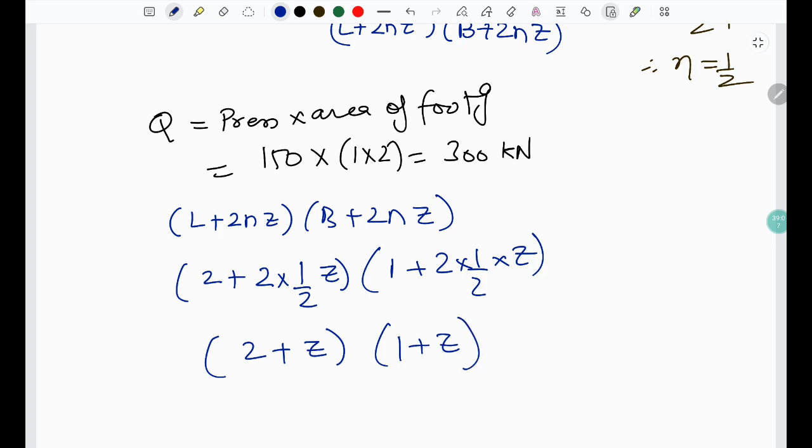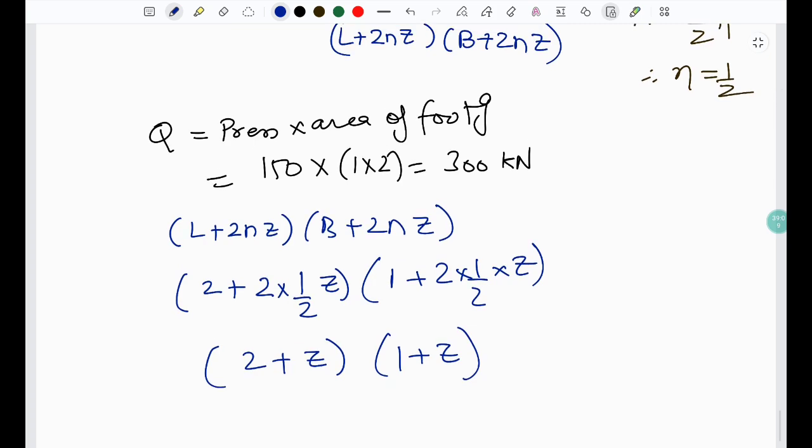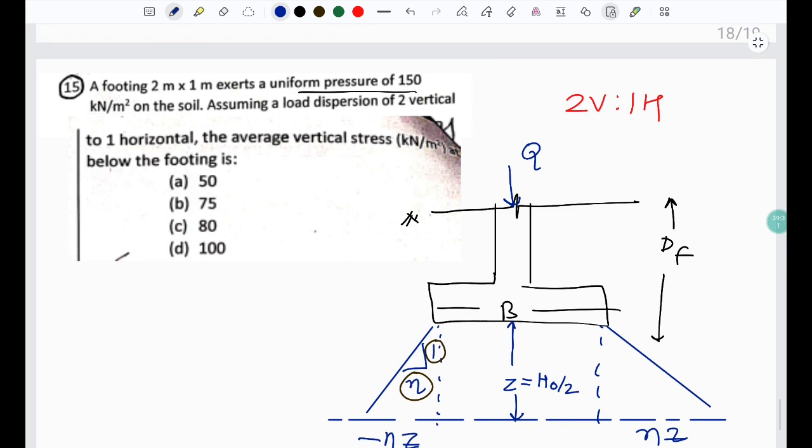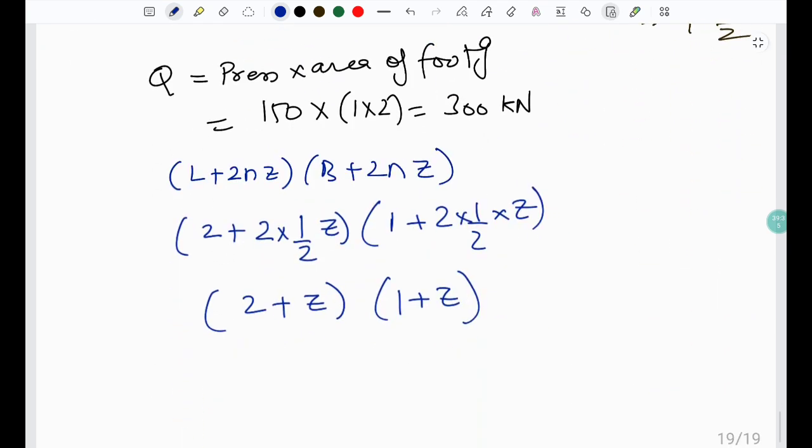And since z is taken as soil beneath the footing, in this question were we given anything about the depth beneath or not? Let us see. Yeah, if the depth is not given, we take depth as 1 meter.